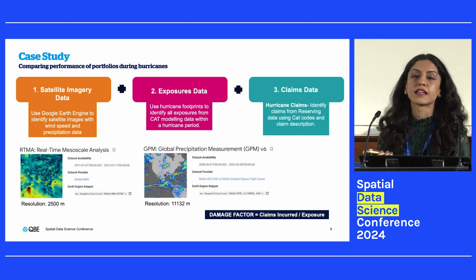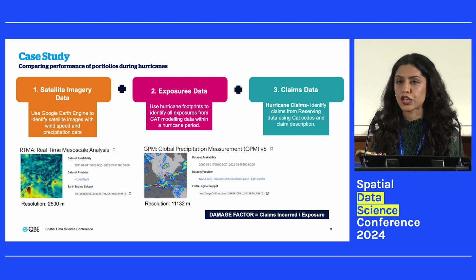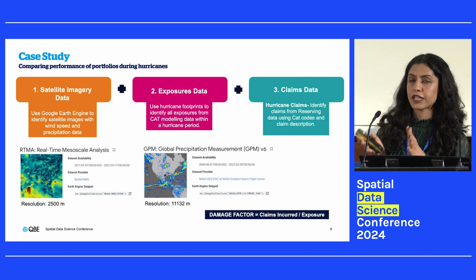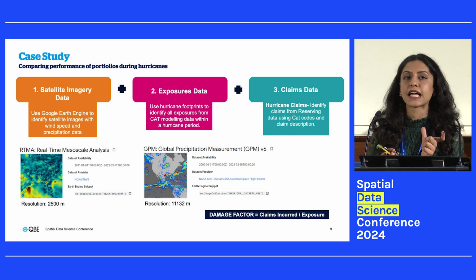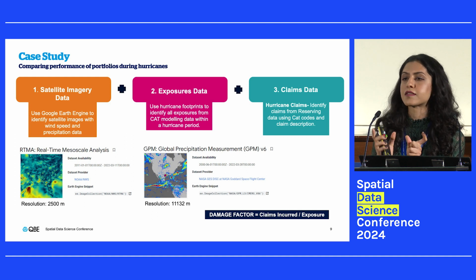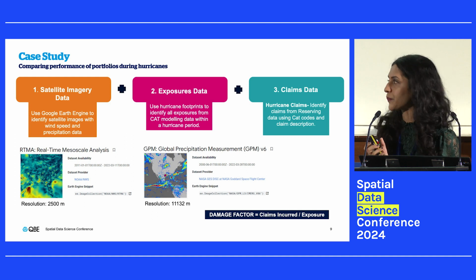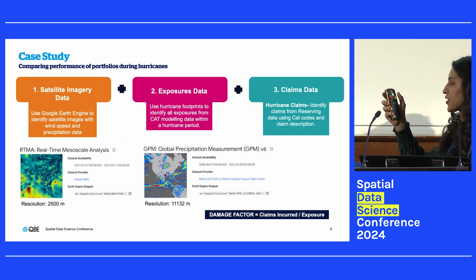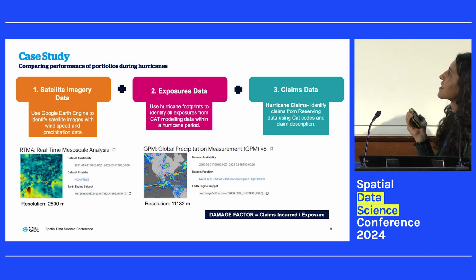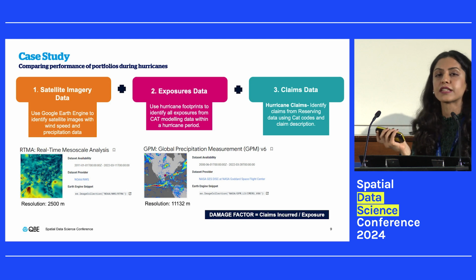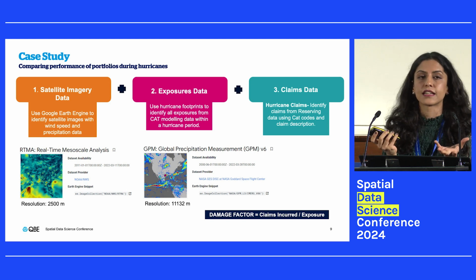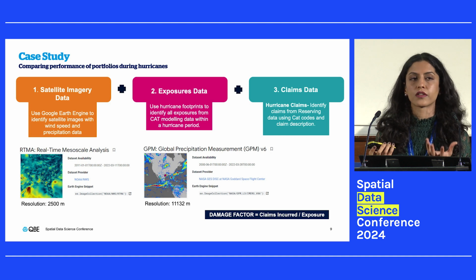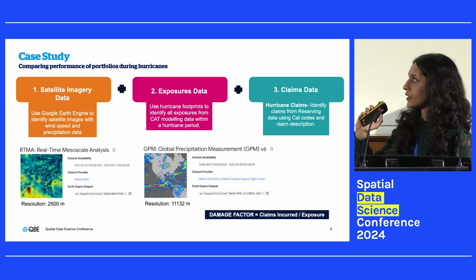But the claims data that we have within the company lacks location level information, so to join it back onto the exposure data, we just used a key, and that key is just the policy reference concatenated with the accident year. And I forgot to mention a very important point, that to assess this importance, we are using a metric called damage factor. So damage factor is just the losses that occurred over the exposure, or the value of the risk that we are writing.